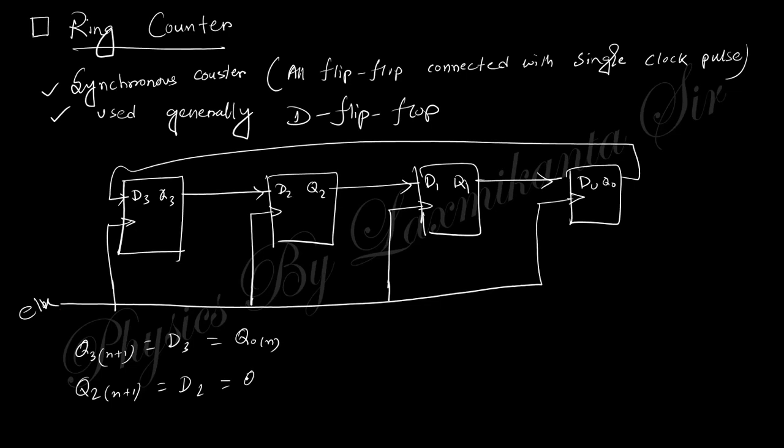So this is Q3 n and so on. For example, if you take another example, Q3, Q2, Q1, Q0, at the initial this becomes like that. Suppose this is the initial value. After this, it transfers, and this transfers to that one.